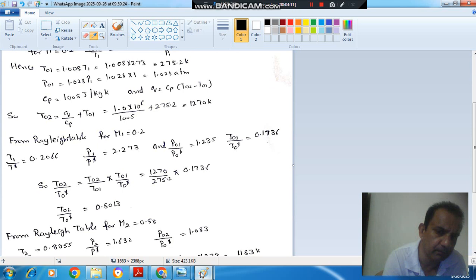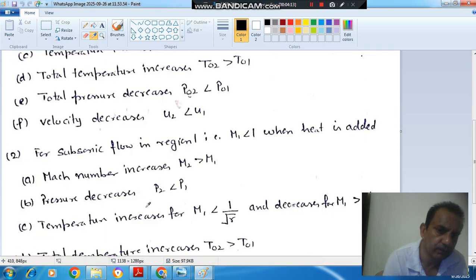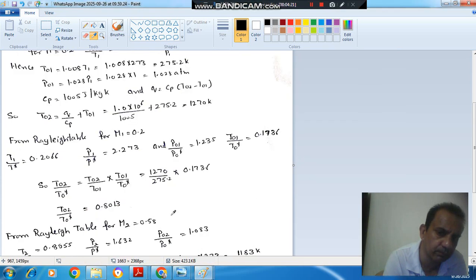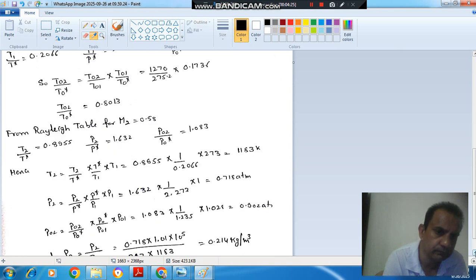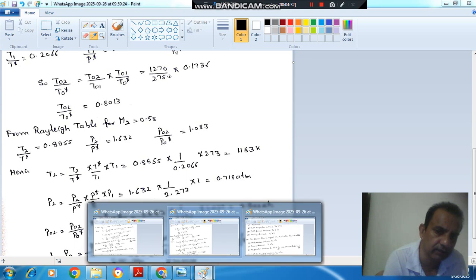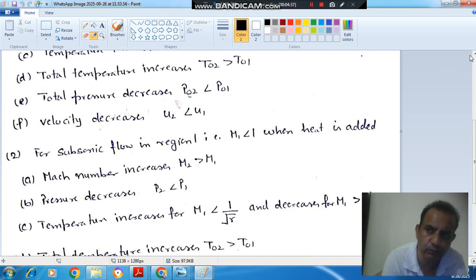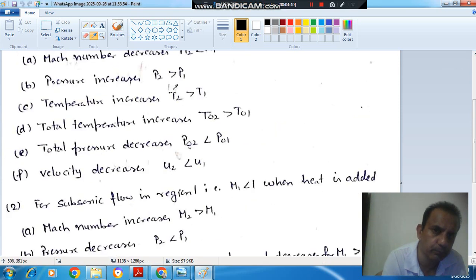So it means Mach number increases. Here we have got P2 as 0.718 atmosphere and initial pressure was 1 atmosphere. So here we have got different results. In case of supersonic flow, pressure increases, whereas in case of subsonic flow, pressure decreases.